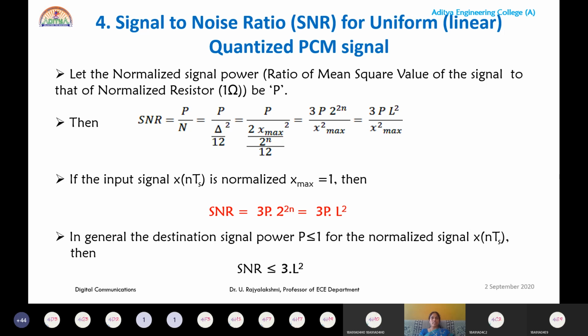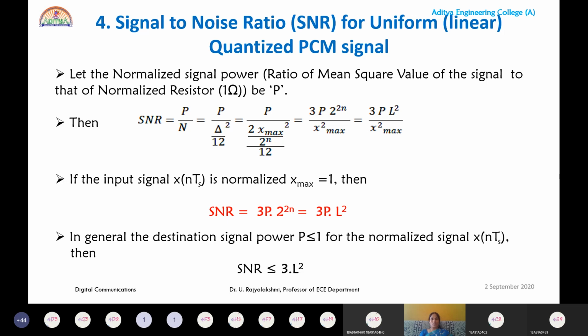Now if the input signal x of nTs is normalized, you can assume x max as 1. So directly SNR will be 3P L square, where L equals 2 power n. So you get 3P into 2 power 2n. What is the SNR for a uniform quantized PCM signal? 3P into L square divided by x max square.